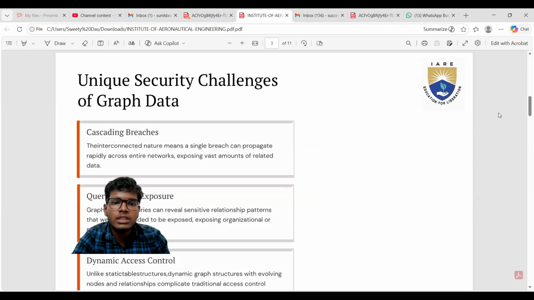Unique security challenges of graph data. However, that interconnectedness is a double-edged sword. We have mainly three challenges here. First is cascading breaches. Because everything is linked, one small breach can spread like wildfire across the entire network.